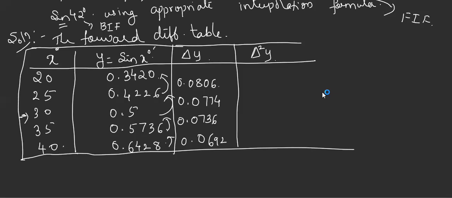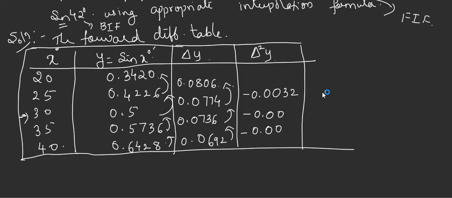Now take delta square. This minus this. This is a smaller value, so you'll get minus: minus 0.0032. Next: minus 0.0038.